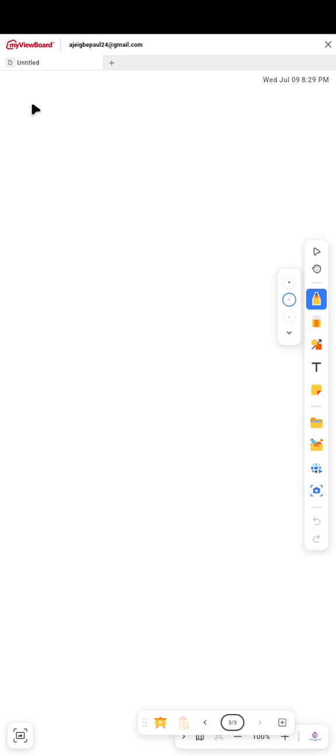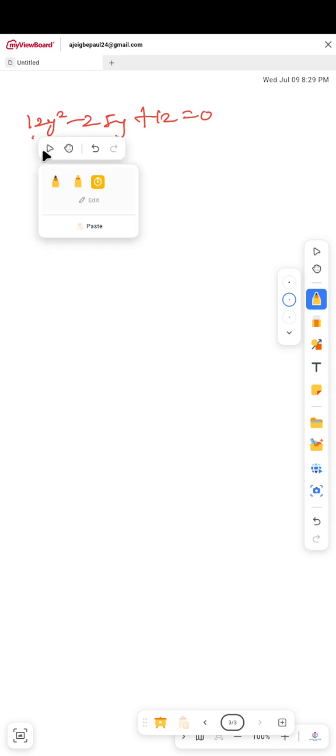So the quadratic equation is 12y squared minus 25y plus 12 is equal to 0. Now let's use the factorization method. The product of 12y squared and 12 will give us 144y squared.